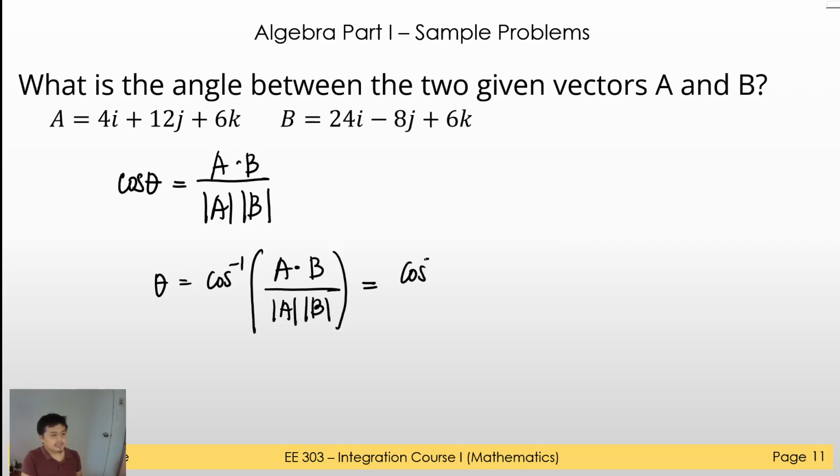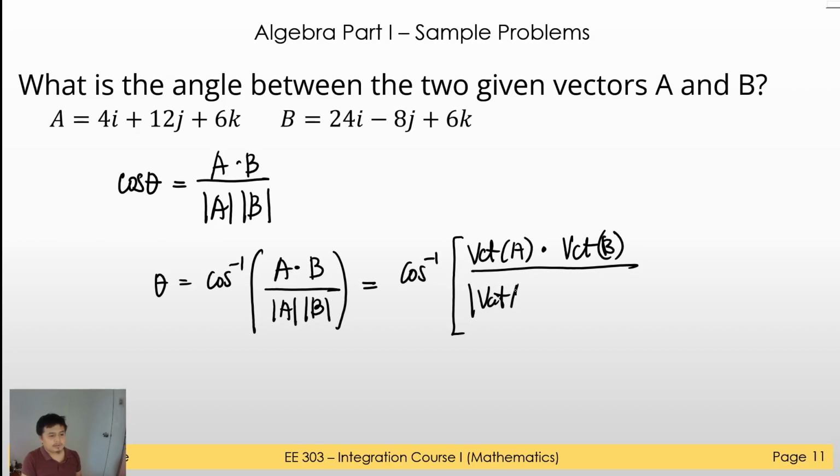So we have shift cosine, and then vector A dot vector B, all over the absolute value of vector A multiplied by the absolute value of vector B.